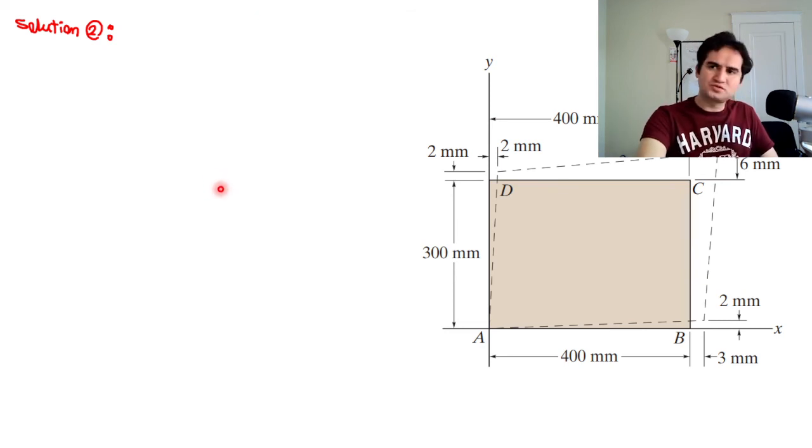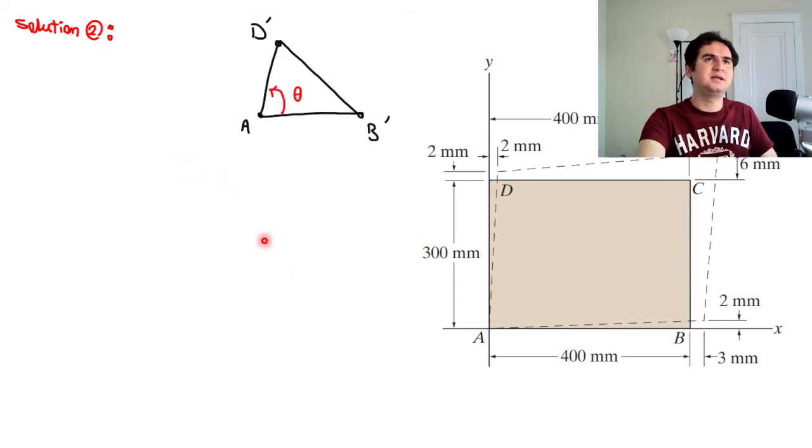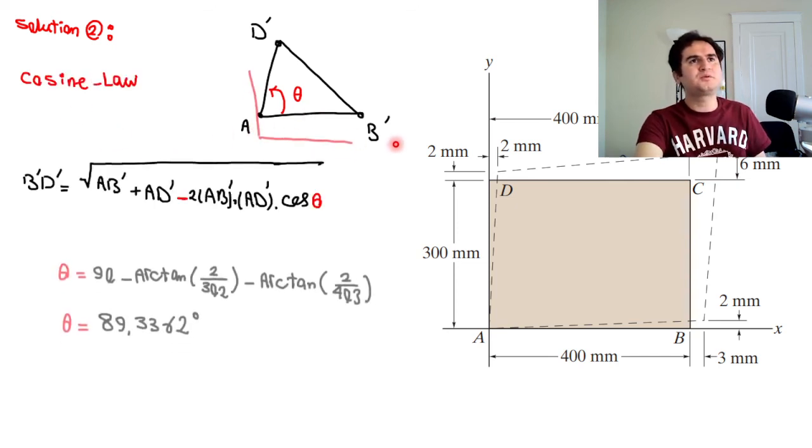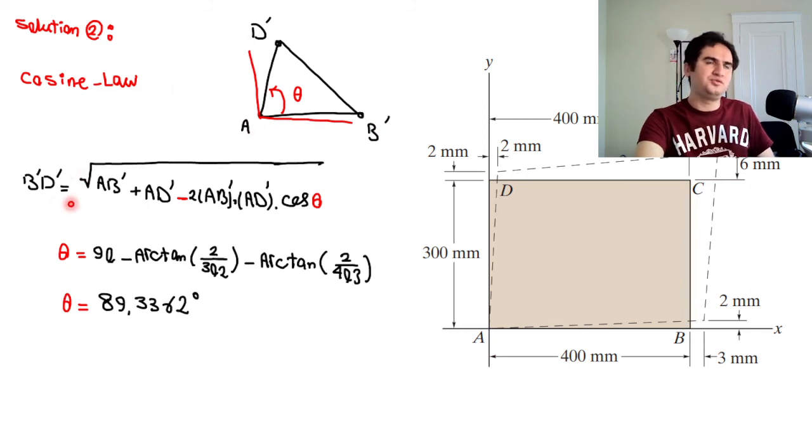And a simpler approach for solving this problem is the law of cosines. If you consider A, B prime and D prime, and go by the cosine law, it gives you AB prime squared plus AD prime squared minus 2 times AB prime times AD prime times the cosine of the angle. Just be careful, the original angle was 90 degrees and there is a small deviation from 90, so that's 90 minus arctangent of 2 over 302 minus arctangent of 2 over 403.